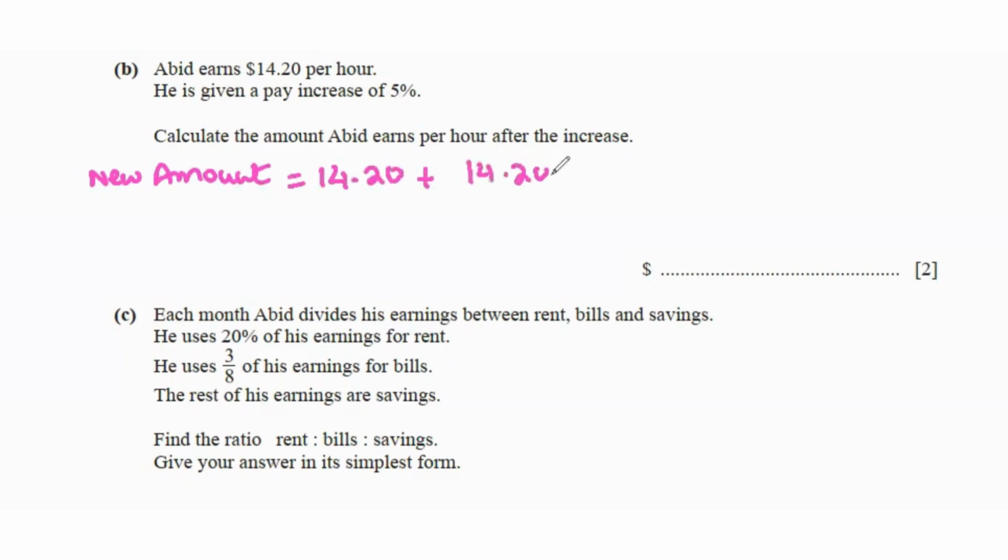The increase in the amount is by 5%. So that's going to be 14.20 plus 0.71. That should give you $14.91. That is going to be his new earning.